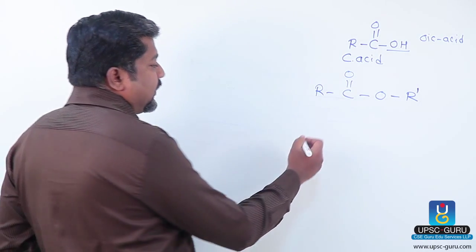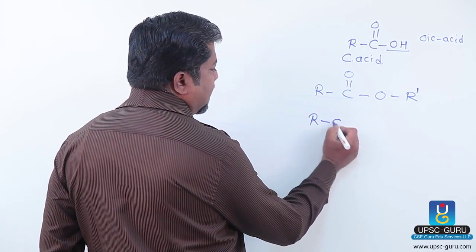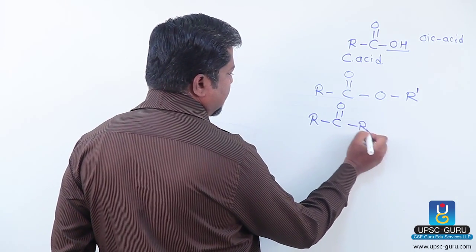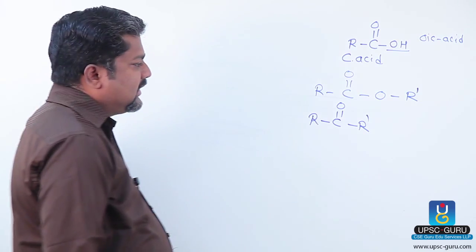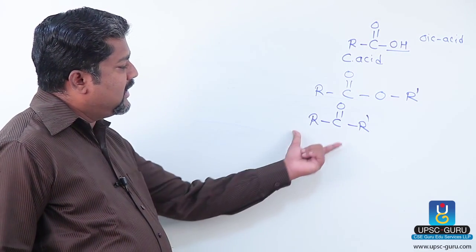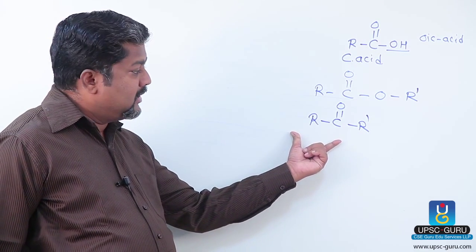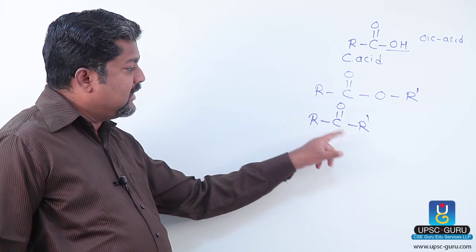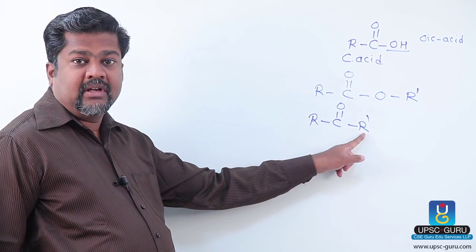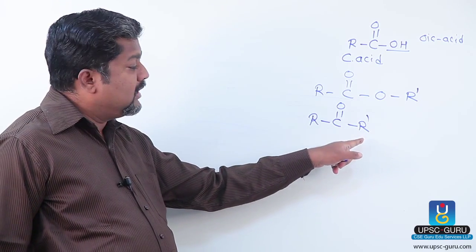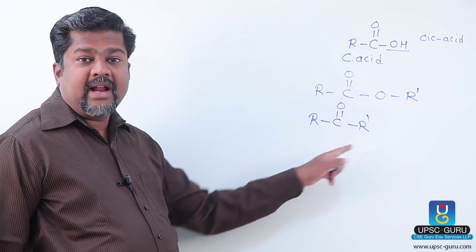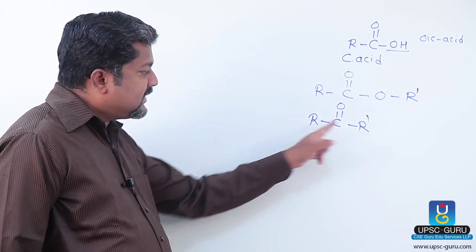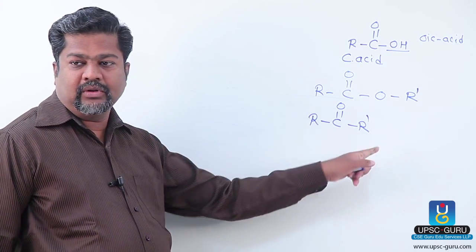Now the next functional group here is R, C double bond O. Now this O is replaced simply, and here we are getting another R dash. So this is similar to aldehyde, but in the case of aldehyde, here H is compulsory, whereas here we are getting R dash. Here R dash need not be the same as R, but R dash or R I can't replace by H. At both sides there must be carbon atoms only.